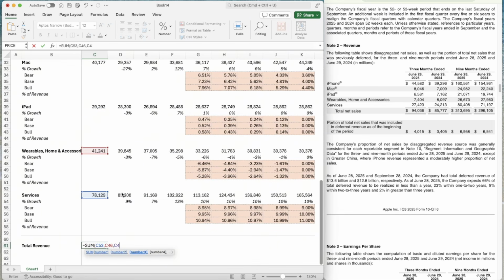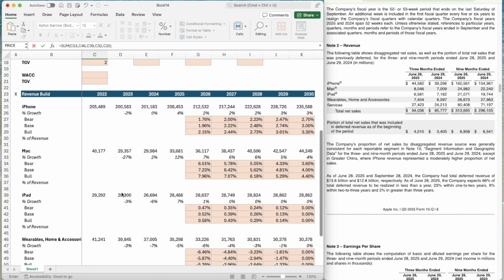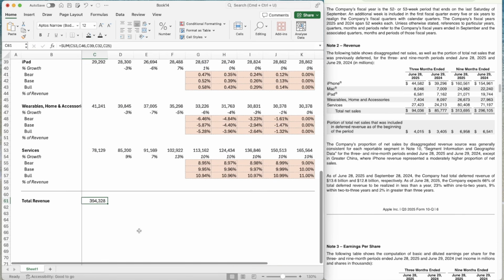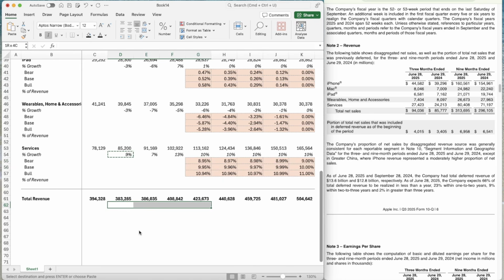C46, so C39. There we go. So pull it across. Let's get that growth rate.